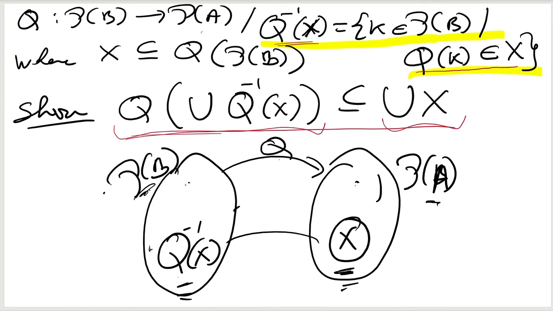So if you look at that, based on this definition, X is a subset of the power set of B. So if you pick the power set of B, X will be somewhere there because it's a subset of the power set.